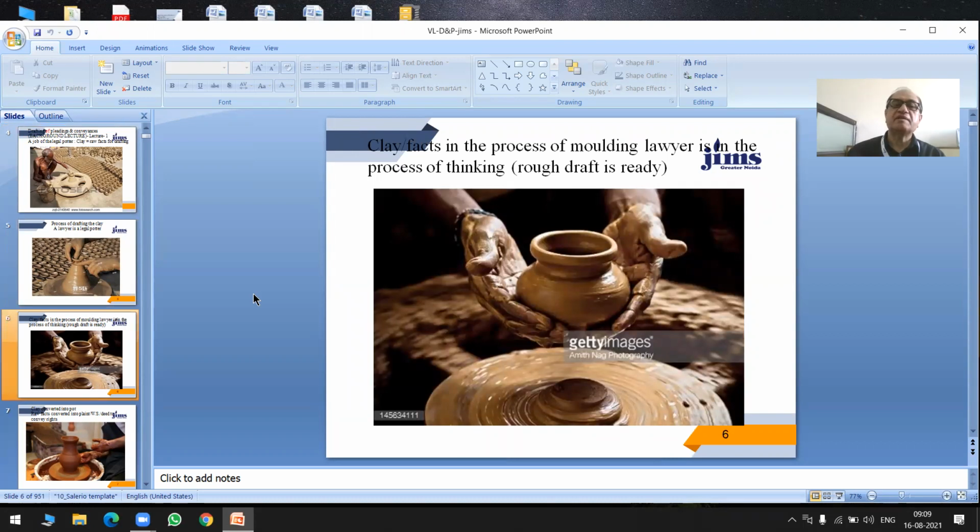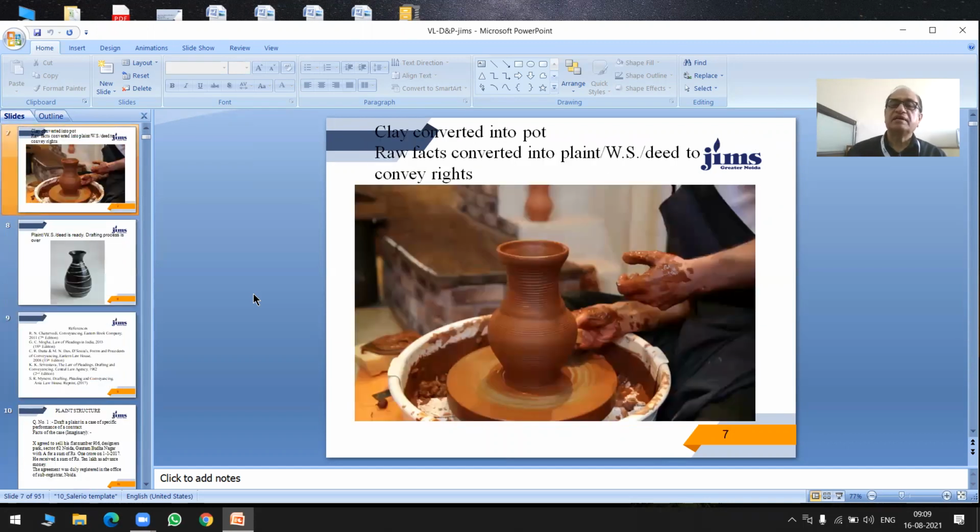Now this third diagram shows you that clay or the facts are in the process of molding, and lawyer is also in the process of thinking, and rough draft is ready. You can take printout of this rough draft also. Then finally, clay is converted into a pot.